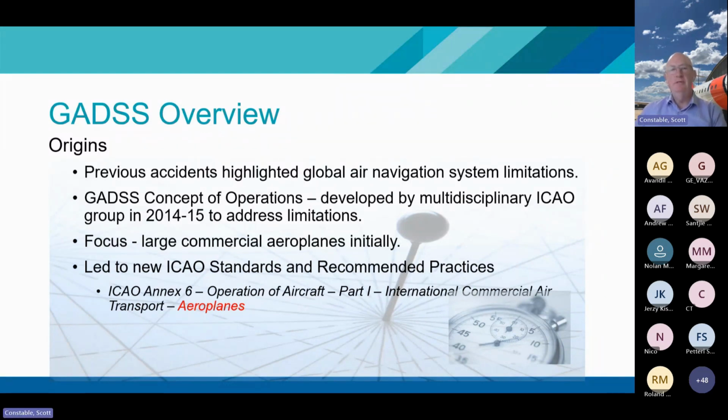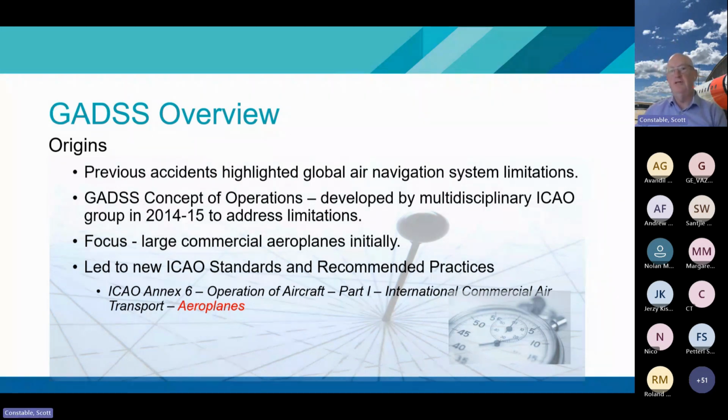So as I mentioned in my opening, previous accidents highlighted the global air navigation system had some limitations. The GADSS concept of operations was developed by a multidisciplinary ICAO group in 2014 to 2015 to address those limitations. That document, if you're interested, is available on the ICAO website.